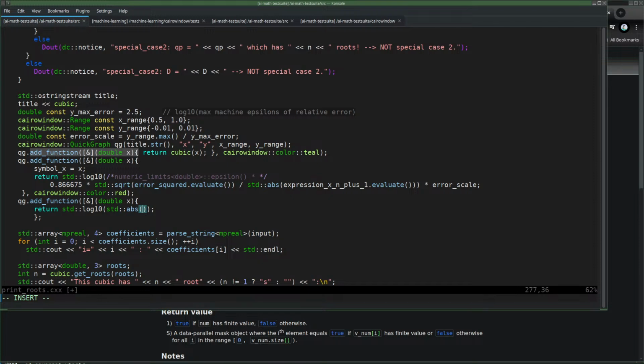And then let's say the derivative of the cubic squared, minus a half times the cubic second derivative times the cubic in x.